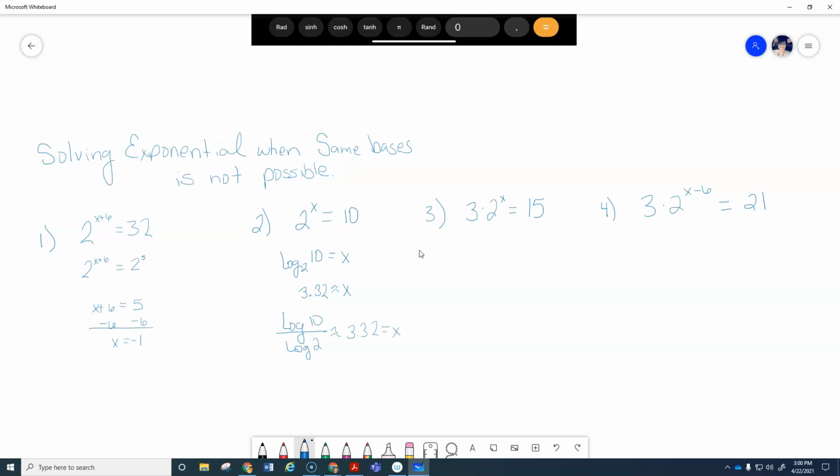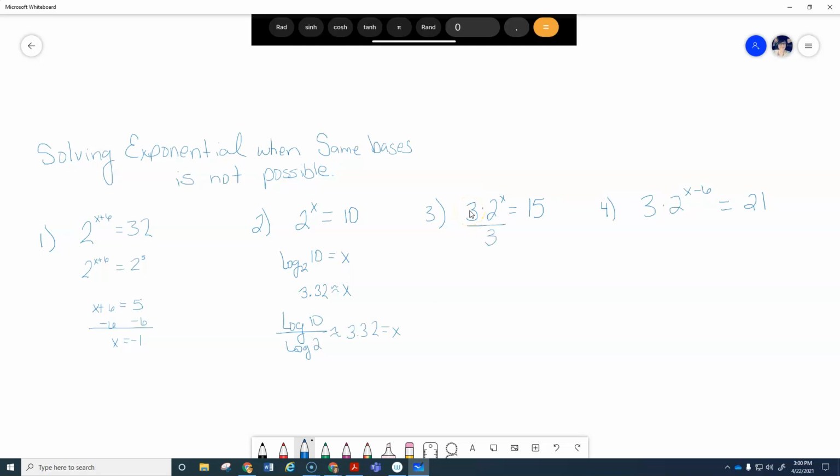Okay, so if you're solving exponentials and there's anything else on the side of the equal sign besides the base and its exponent, like problem number 3, where you have 3 times your base and your exponent, you've got to get rid of that 3 first.